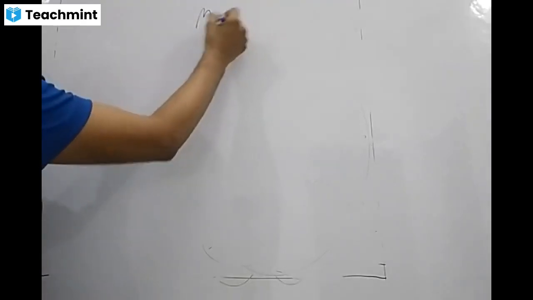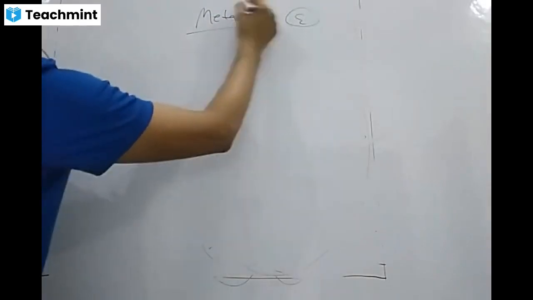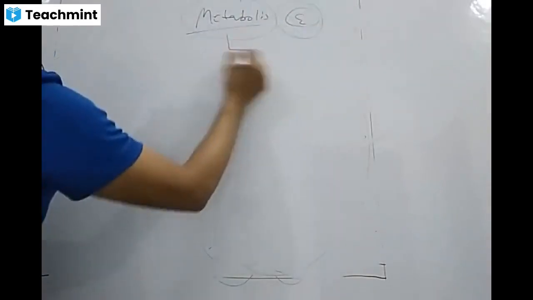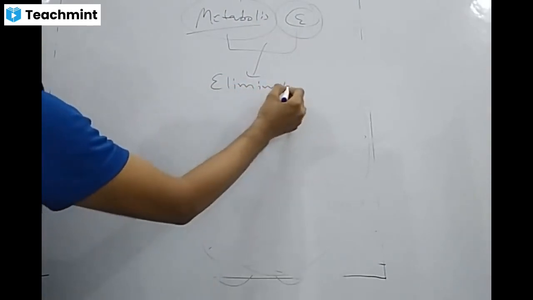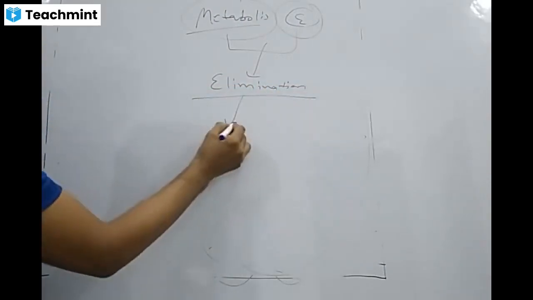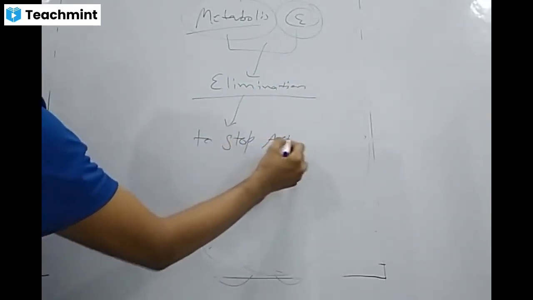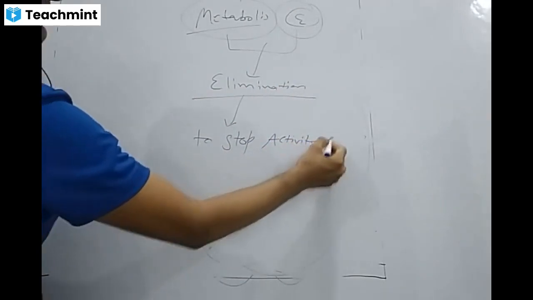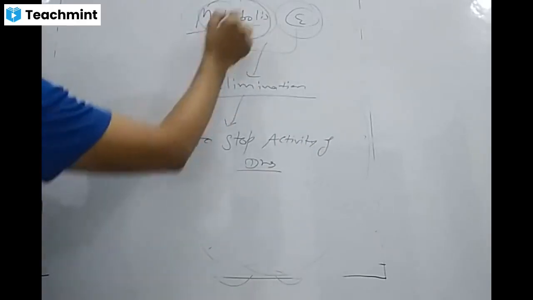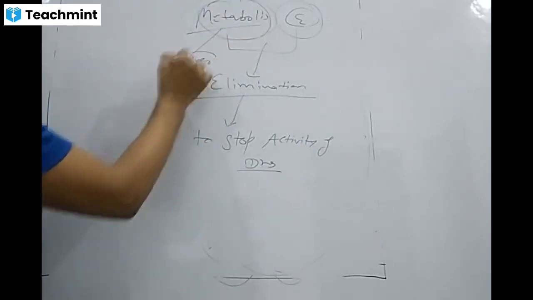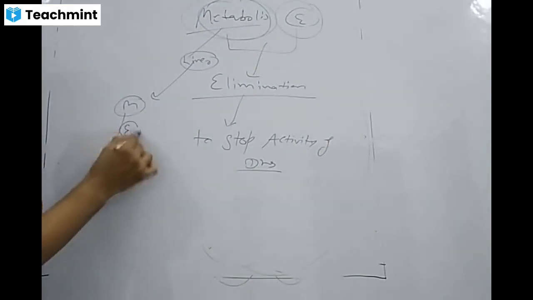Next is metabolism and excretion. These two organs combined we call elimination. Elimination means to stop the activity of a drug. How to stop? The liver metabolizes the drug with the help of some enzymes.